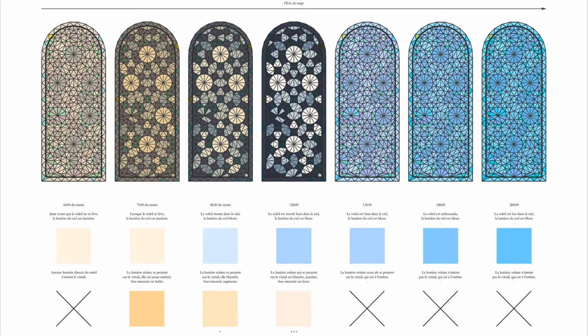And this is what was happening to, for example, one window during the course of the day. So here you have the color and the presence or the absence of sunlight, and on the top line you have the color of the sky, which is behind the window. And these are the two parameters that influence the visual aspect of the window. And so you can see that the same window passes through two main stages, but with also a lot of changes in color.